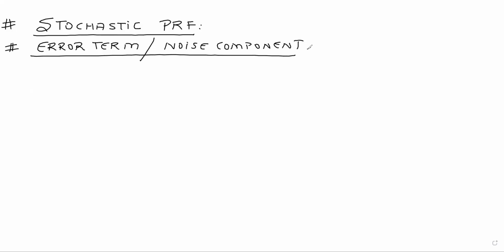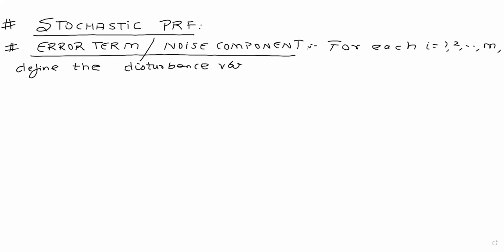Okay, so we can say for each i going from 1 to m, define the disturbance variable, or the error term. We are now defining the population error term, or the population disturbance variable, or the population noise component, as ui.